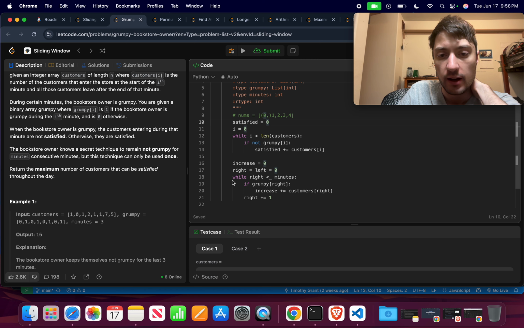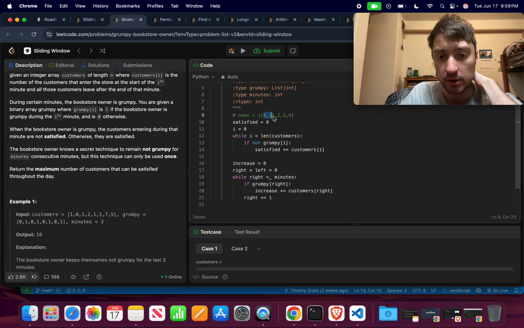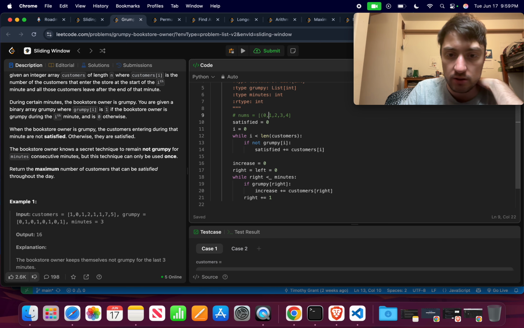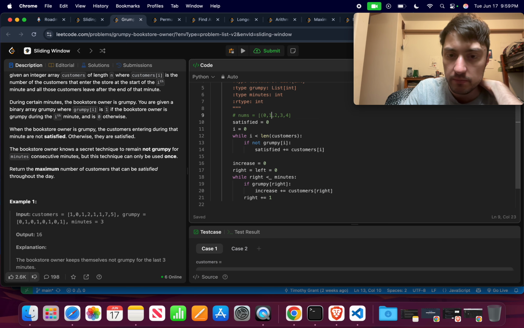Then I said I wanted it to be 2, so I want 2 elements in here, and I only have 1 right now. So I come back up here, check if this one matches the condition, and then add it to my context. Then I come here, right plus equals 1.